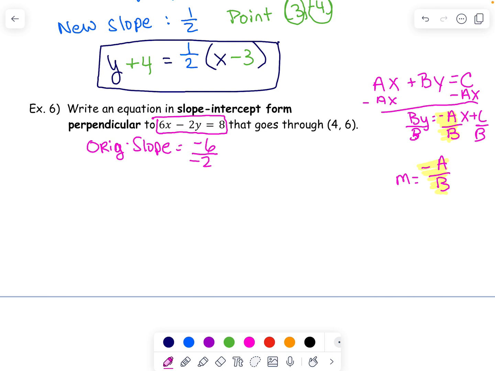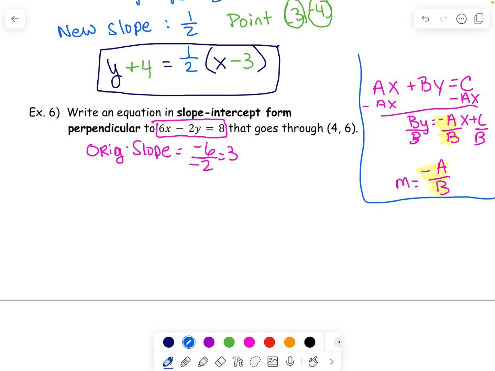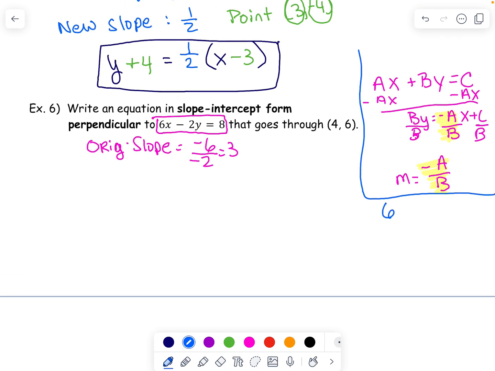Now, we could use that and say that the original slope is the opposite of A over B, which is 3, okay? Or, on a side note, we could have taken 6x minus 2y equals 8 and put it in slope-intercept form.